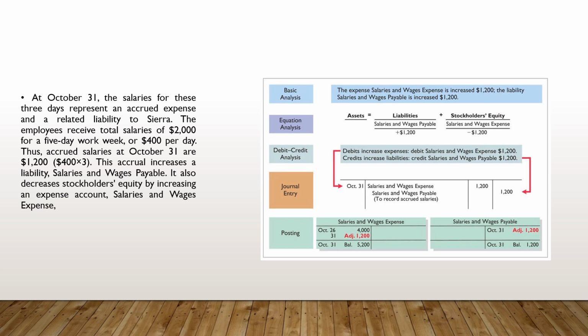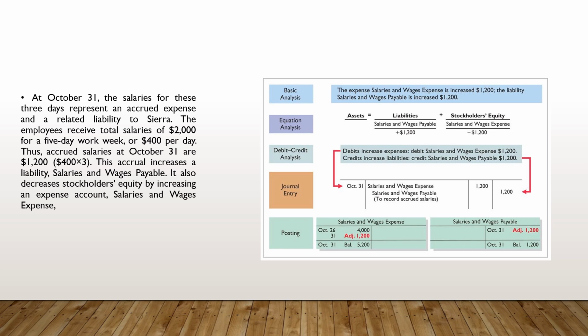Okay, so the employees receive their salaries for 5 days. Okay, so that's $2,000, so it's basically $400 a day. And what we need to adjust is the $1,200 for the accrued expense. Okay, so this accrual increases a liability, salaries and wages payable.